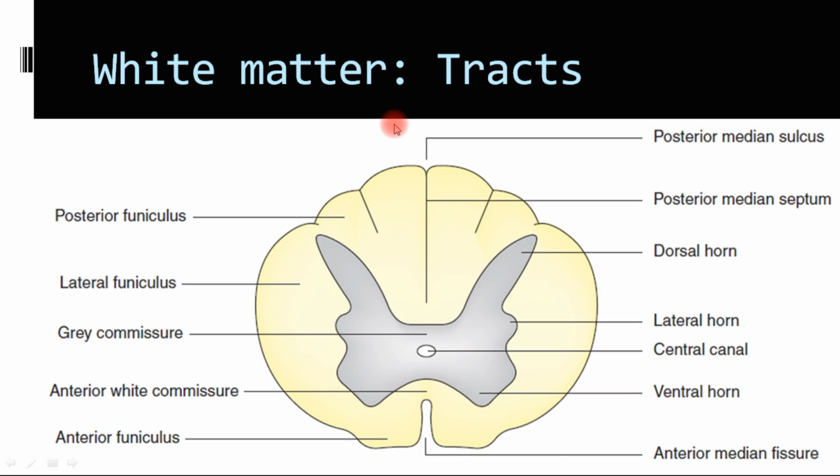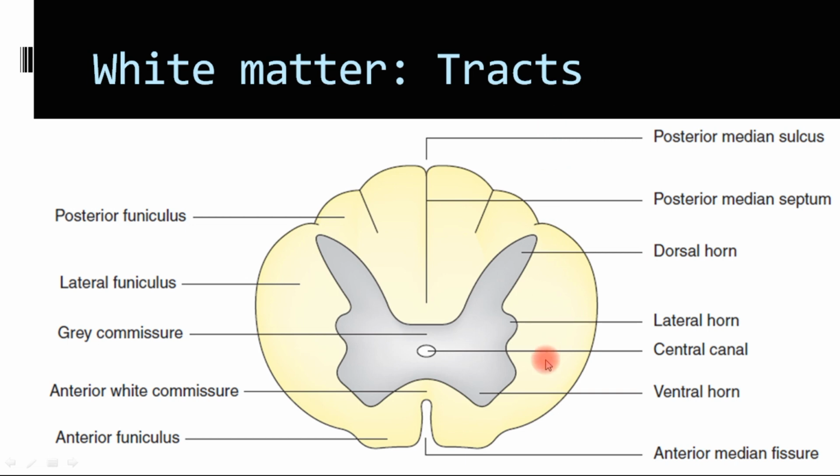Now coming to the white matter of the spinal cord. As we have studied earlier, the white matter is divided into the posterior funiculus, lateral funiculus and anterior funiculus, and these funiculi are made up of tracts, the axons of neurons, which are either coming down from the brain to the spinal cord in the form of descending tracts, or are ascending tracts, arising from the periphery, from the dorsal root ganglion, and ascending to the brain, or arising from cells in the dorsal horn, crossing to the opposite side and ascending in the white matter of the spinal cord.